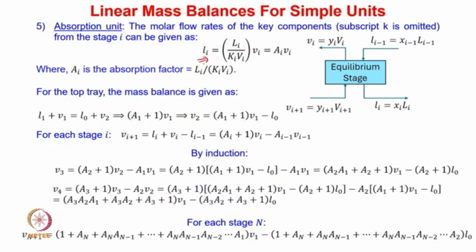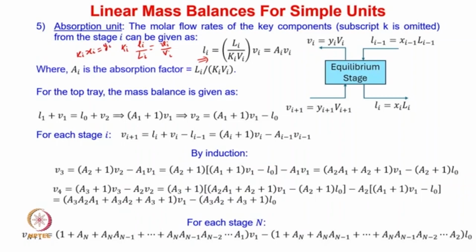If I rearrange this equation, it is nothing but K i times small l i by capital L i on one side, and on the right hand side small v i by capital V i. So small l i by capital L i is nothing but x i, so that is K i x i, and that is given as y i.